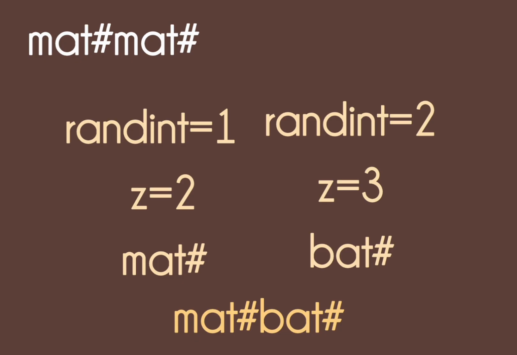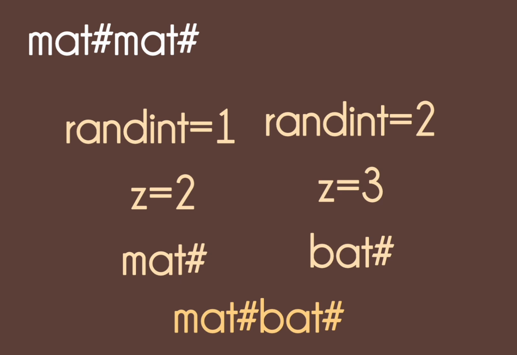It is possible that for the first time when the loop runs, the value of rand int becomes 1 and then z will become 2 after adding 1 to the value of rand int, and the element at the second index is mat, so our output will be mat hash. Then the loop will run for the second time, and it is possible that the value of rand int comes 2.